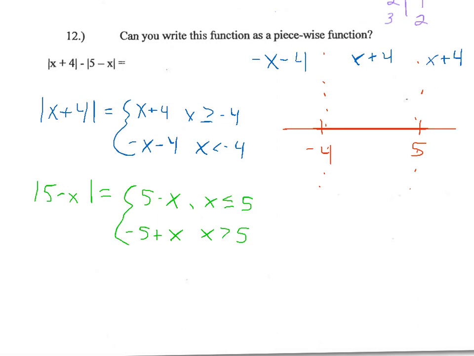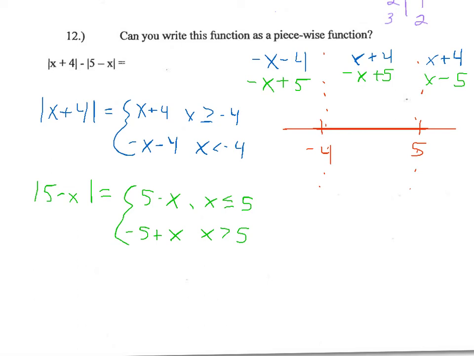And then for the next one, I have a 5 minus x wherever x is less than or equal to 5. So I'll have a 5 and a negative x. And I'll have a 5 and a negative x. And as long as x is greater than 5, I'll have a negative 5 plus x, or an x minus 5.